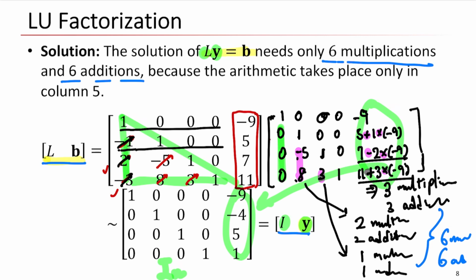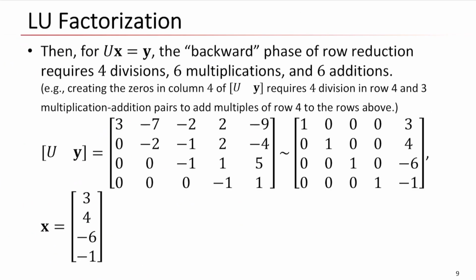Okay, so anyway, we get the vector y here, right? Then what next? With Ux equal to y, then we have to find the vector x. Then how? We can do the same way, same things.